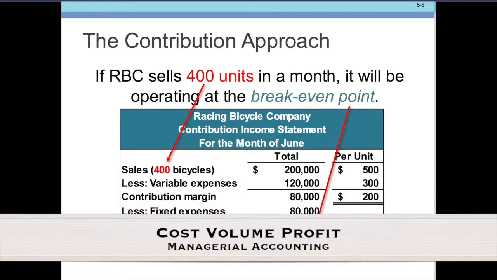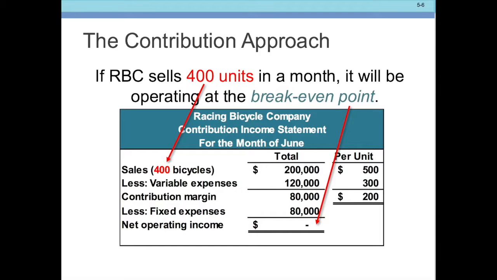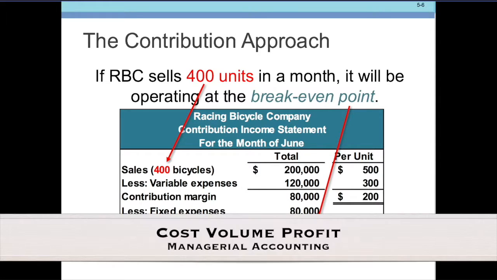Then we just put that into the spreadsheet. 400 bicycles times $500 a bike is $200,000 in sales. The variable expenses are $120,000, and the contribution is $80,000, and with the fixed expenses, we would break even.